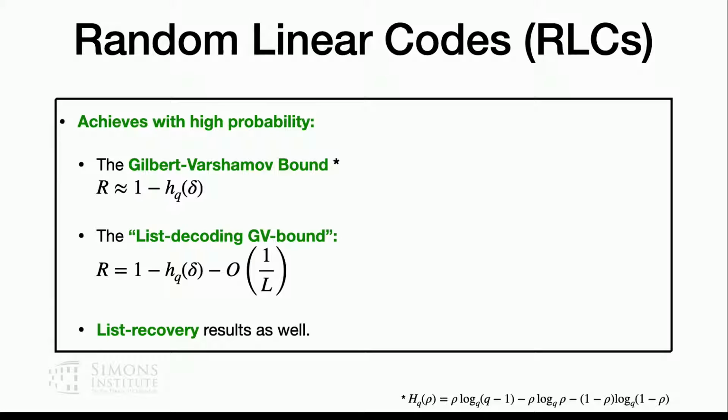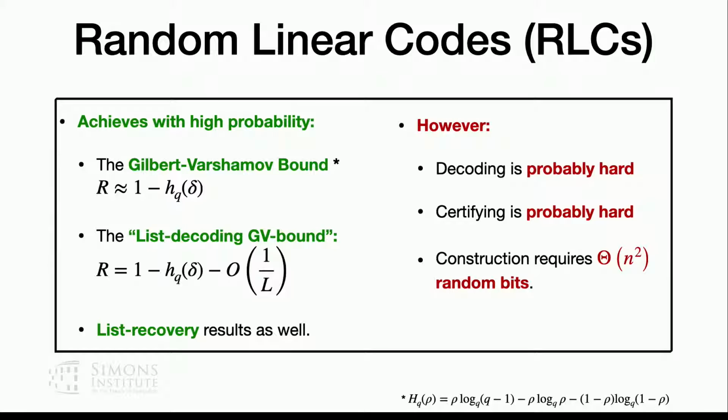And there are also many list recovery results about random linear codes. Again, we don't fully understand, but we do know that they do rather well with regard to list recoverability. Okay, so these codes are great. What's bad with them? What's bad with them is that they're not structured, and so algorithmically we can't do anything. Decoding them is almost certainly a hard problem. Certifying the properties on the left is almost certainly a hard problem.